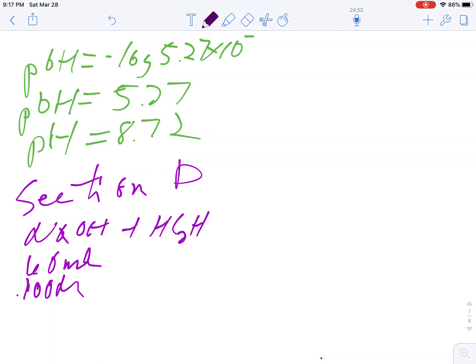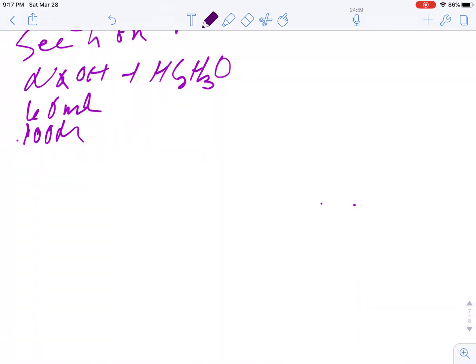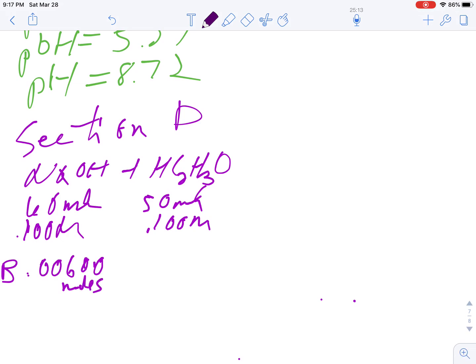My acetic acid, 50 mL at 0.1 molar. So beforehand I've got 0.00600 moles of my base, and I got 0.00500 moles of my acid.